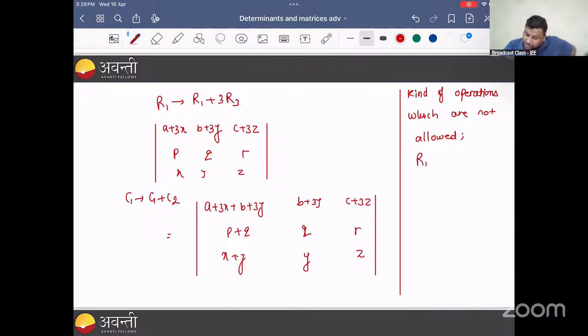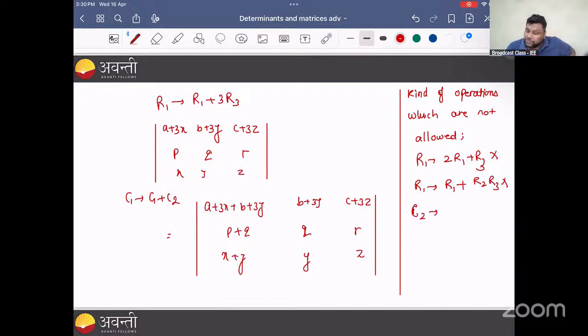Say R1, you write 2R1 plus R3, not allowed. The row in which the operation is being applied, its coefficient should be 1. Then an operation like R1, you write R1 plus R2 R3, not allowed.